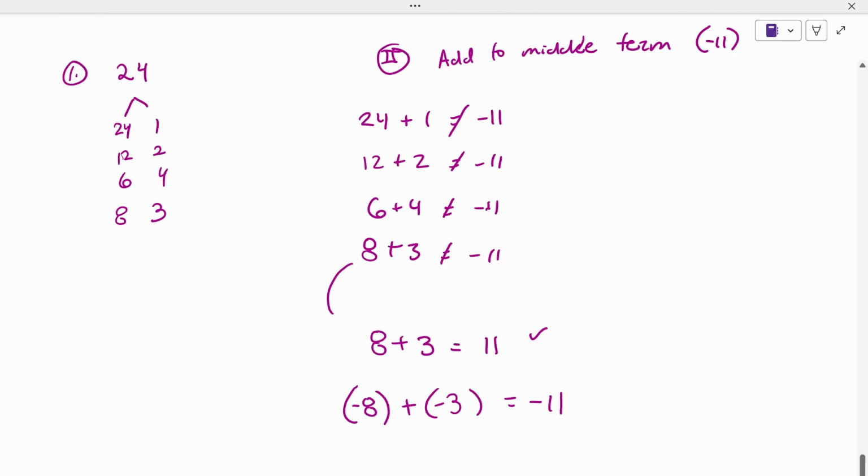Conceptually, this is what's going on, guys. When you find the factors of 24, and the middle term happens to be negative, you're going to have to make a slight adjustment. You're going to have to remember that, yes, while all the positive factors are not going to add to that middle term, it's possible that if you change the sign on both of the factors, note that a negative and a negative will be a positive, one of these factors will indeed add to that middle term.